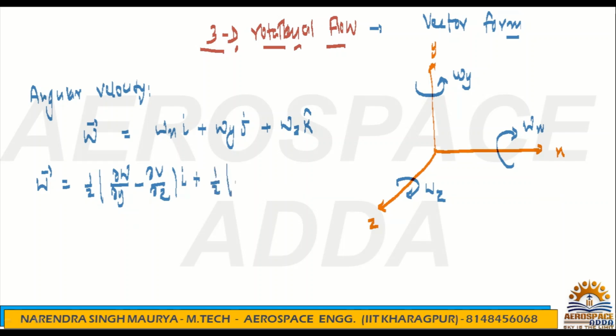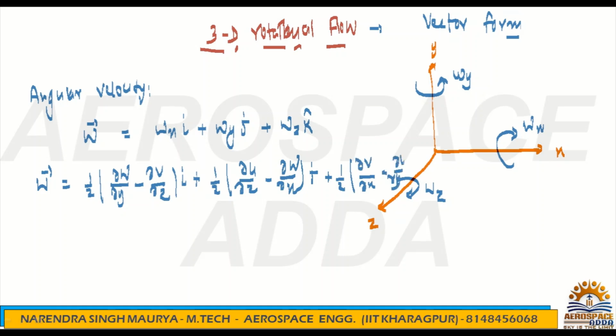It is 1 by 2, dou u by dou z minus dou w by dou x. This is j. Similarly, we can write for omega z, this is the value of omega z, and this is k, right?